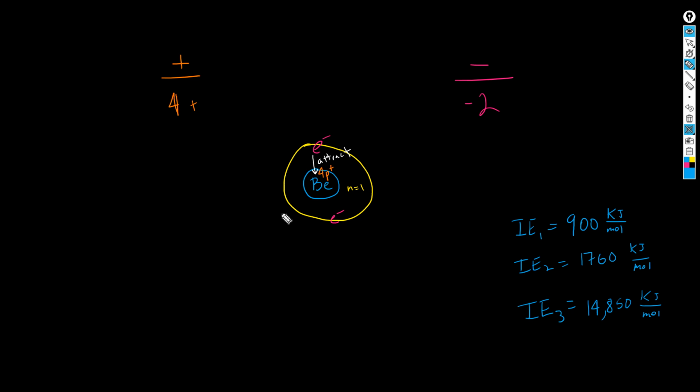That repulsion has gone down so much, it causes these inner electrons, which are really attracted to the nucleus by the +4 charge, to be very hard to remove. These electrons are not going to want to budge. They're like a really strong magnet on a fridge. They don't want to go anywhere. And so that makes these electrons really hard to remove, and therefore it takes a lot of energy to actually remove them. So let's go back to our graphic.